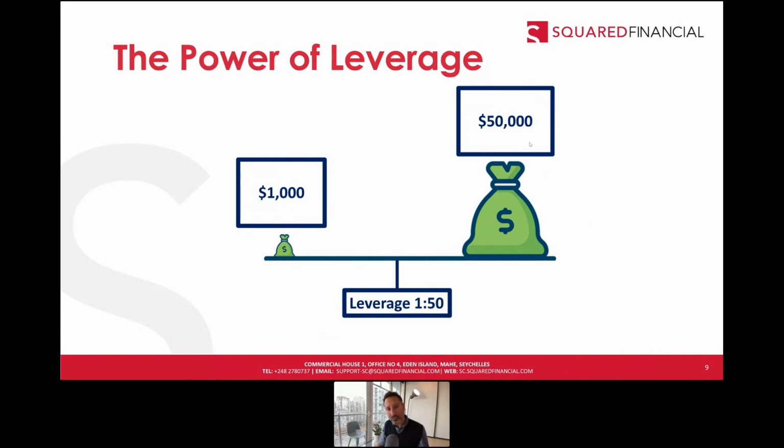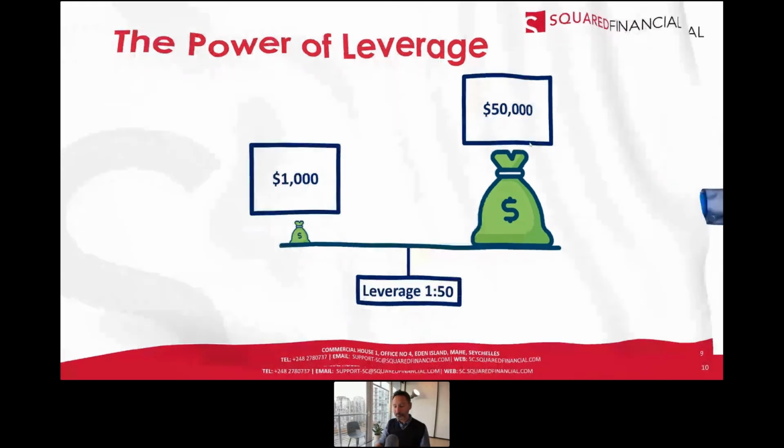So the $1,000 that you deposit in your account, you have real buying power of $50,000, okay? Or if you deposit $100 in your account, your actual buying power is $5,000, 50-to-1 leverage.